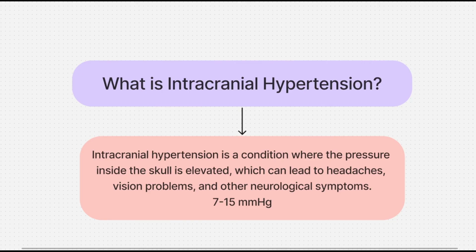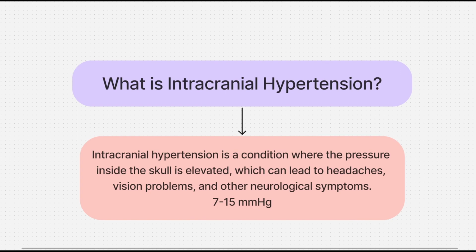And this fluid fills the cranial cavity alongside the brain. So this fluid, along with the brain, fills the whole volume of the skull. So it exerts a certain pressure on it. And this pressure normally ranges from 7 to 15 millimeters of mercury.